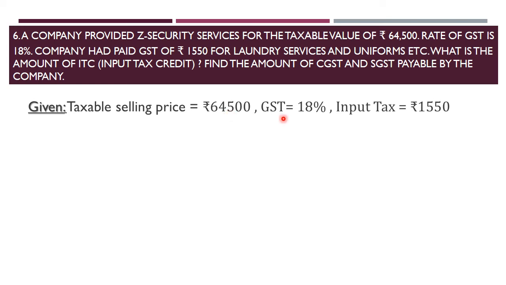Then rate of GST is 18%. And finally, the input tax given is rupees 1,550. So why input tax is 1,550? Because the company had paid GST of 1,550 for laundry services and uniforms, etc.